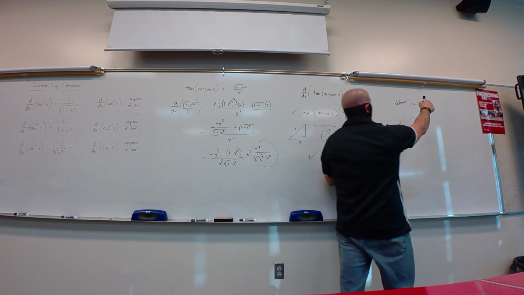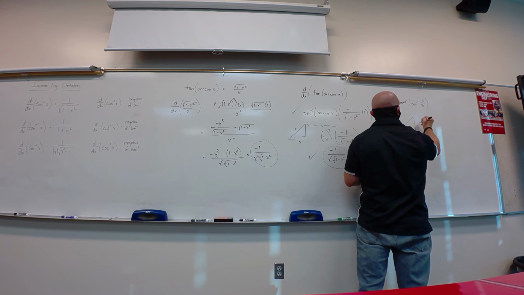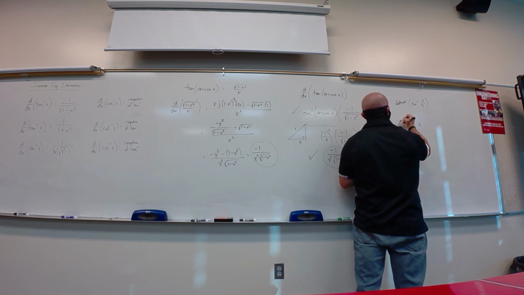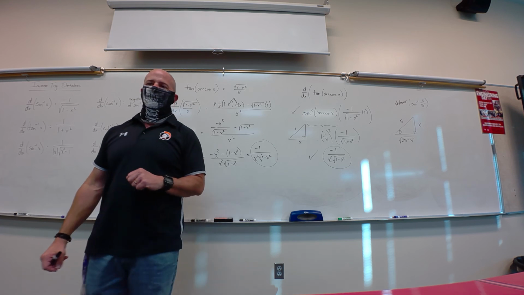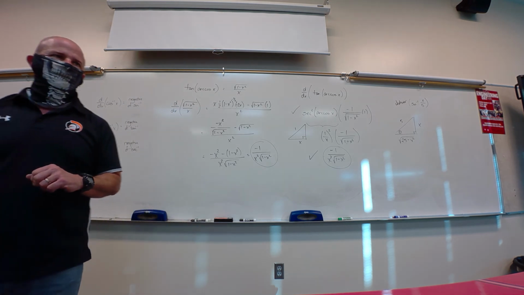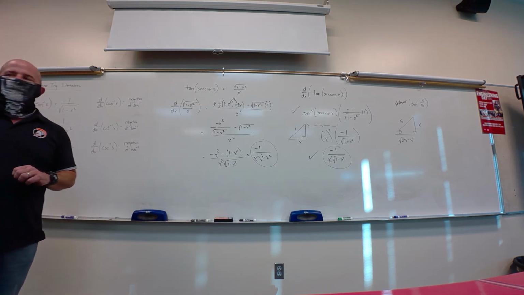It's still opposite over hypotenuse, x over 5. Pythagorean theorem, square root 25 minus x squared. Now I've got my three sides. It's not changing anything. Okay there?